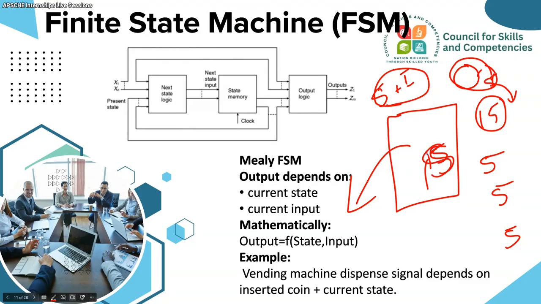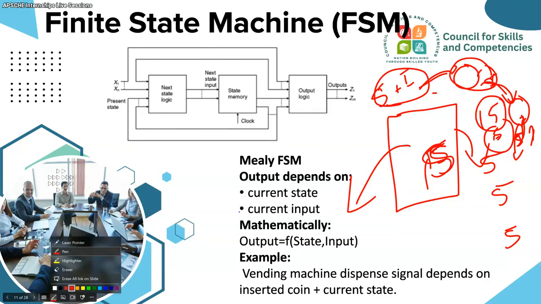Then again if you put 5, it changes to the other state, and depending on the current input, since it went from one state to the next, now we put the coin, and since 15 has been reached because of the current input, the product will come out. It will unlock, and you will be able to get that item. So that is one analogy where you can try to understand the Mealy machine.